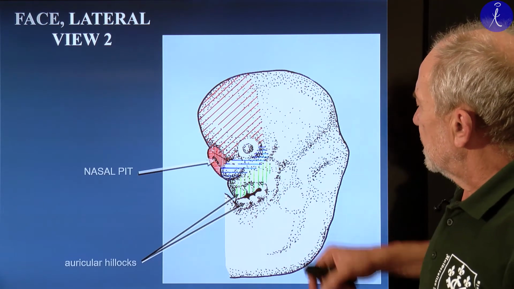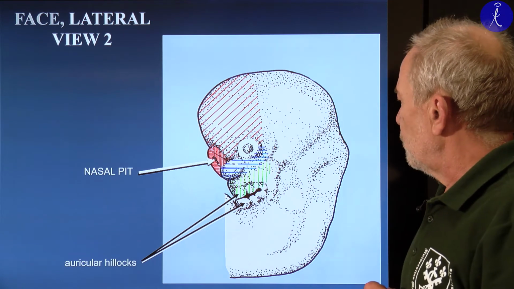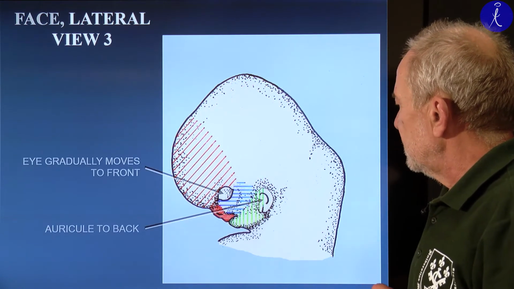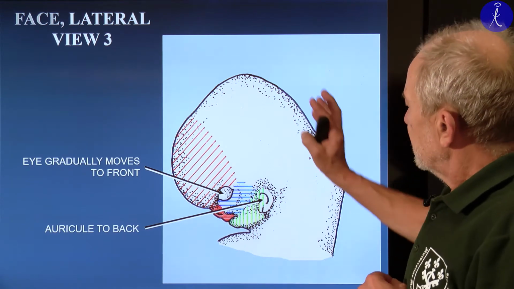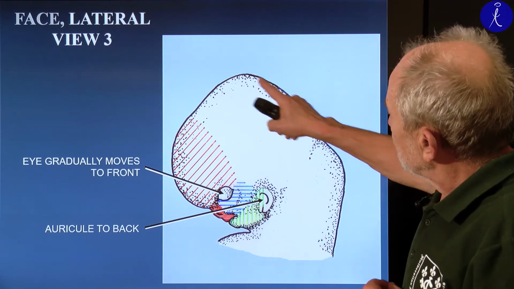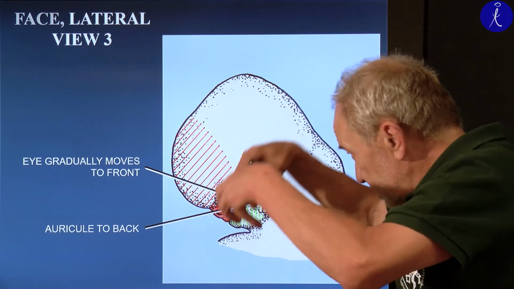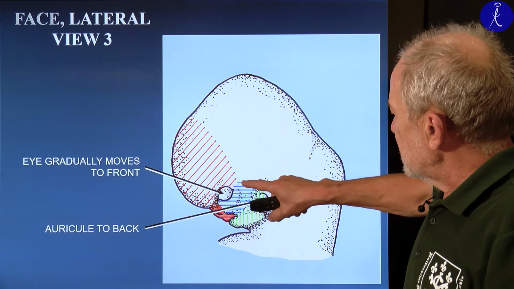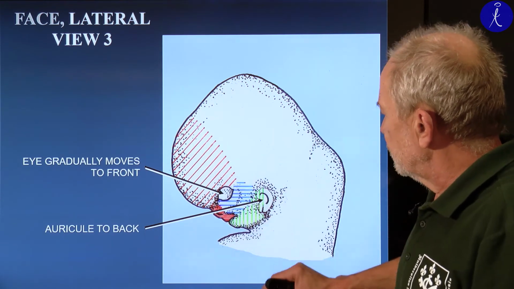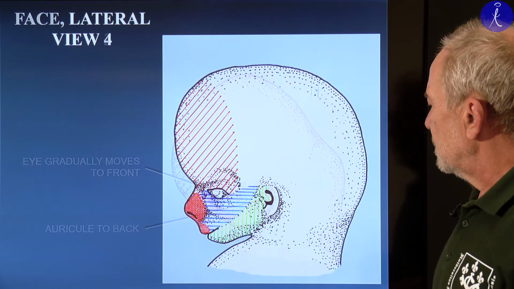Here is the lens placode, here is the nasal pit developing in the frontonasal prominence, dividing into medial and lateral nasal prominences. And as the development grows with the extreme growth of the brain vesicles, therefore bending happens on the head. So the eyes gradually should move to front, and the ear, the auricular hillocks, gradually to back.